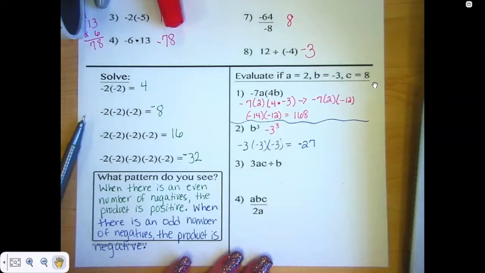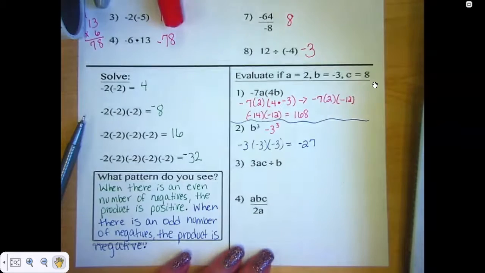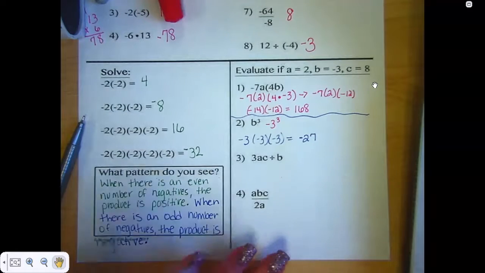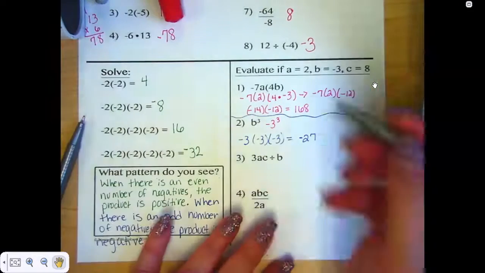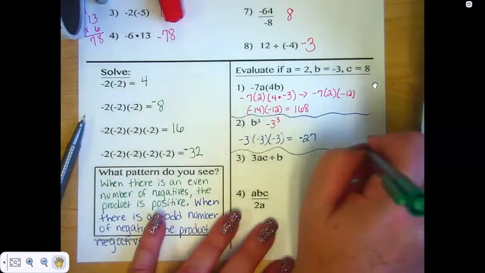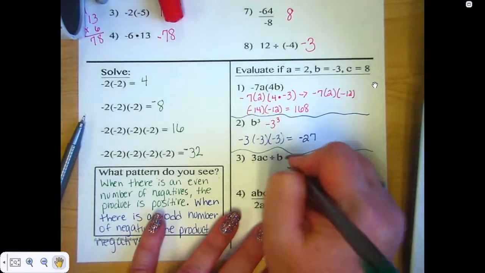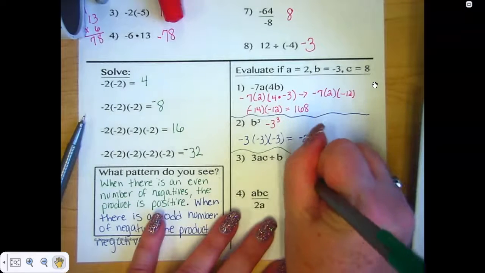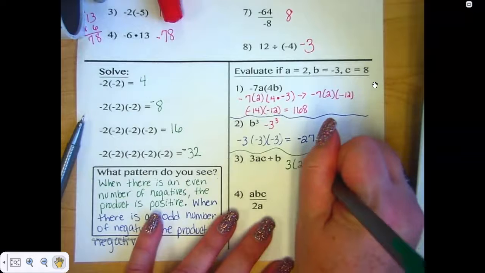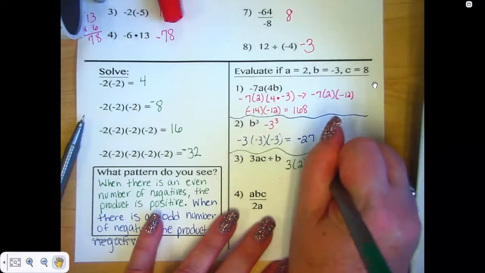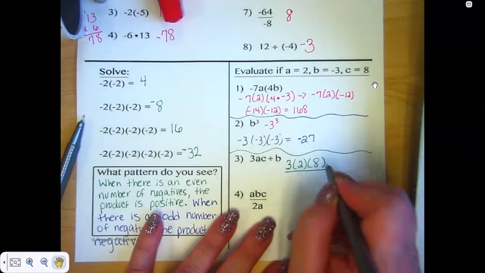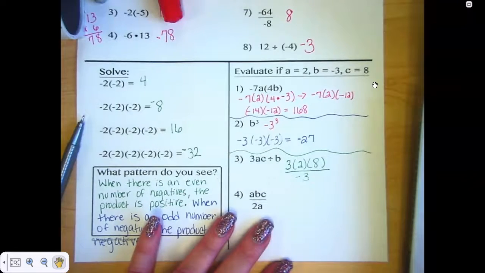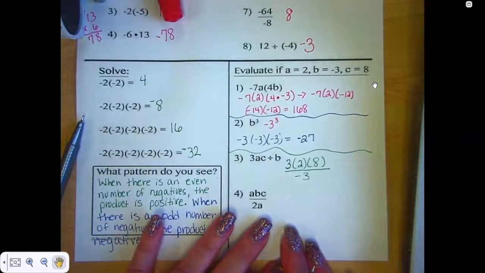Three times A times C divided by B. So 3, let's separate that section. 3 times 2 times 8 divided by B, which is negative 3. You would write it like a fraction.